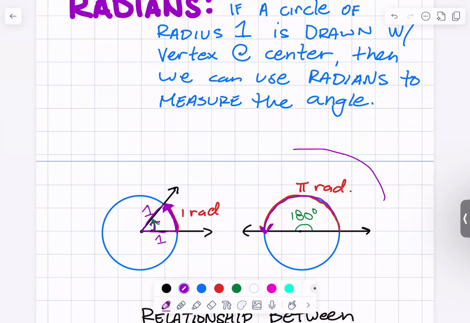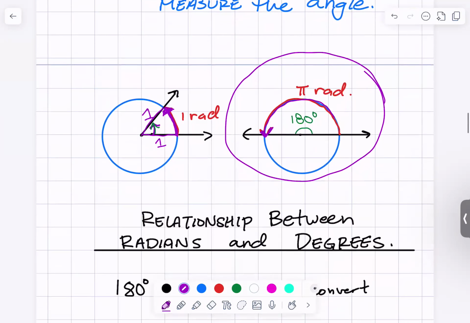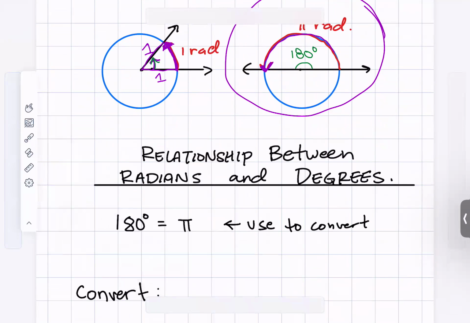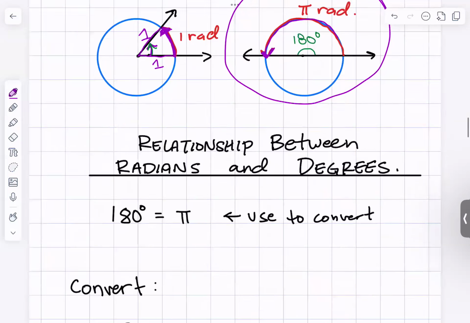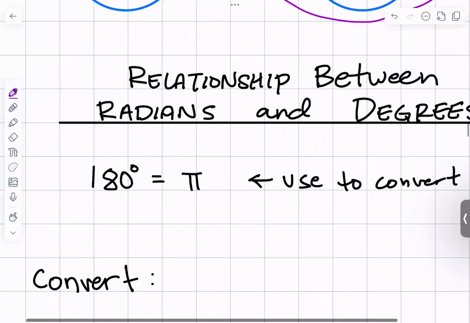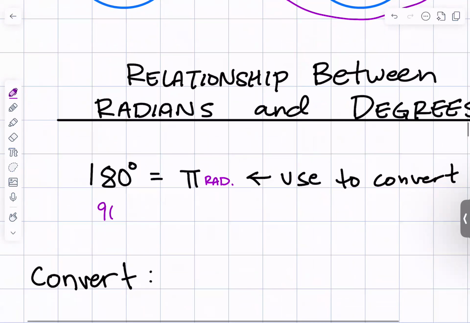So this picture tells us the conversion rate if you're moving from degrees to radians or radians to degrees. The relationship between radians and degrees is that 180 degrees equals pi radians. So if 180 degrees equals pi radians, what's 90 degrees equal to?